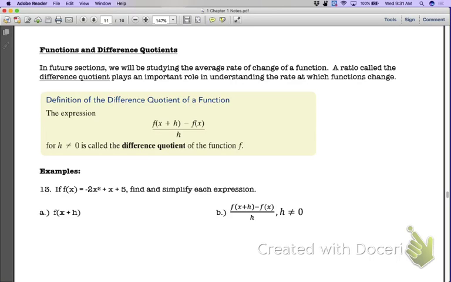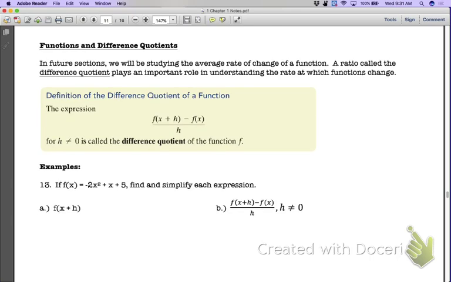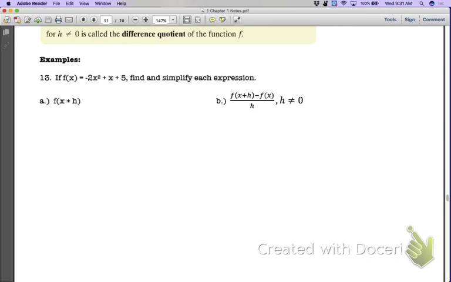Okay, so the first thing we need to be able to do is to make sure that we can find and simplify an expression whenever it's not just a numerical value that's plugged in. So like if we have the function negative 2x squared plus x plus 5. Okay, and instead of plugging in a number like 5 or 7 or negative 2, we're going to plug in basically the first part of the difference quotient, which is f of x plus h.